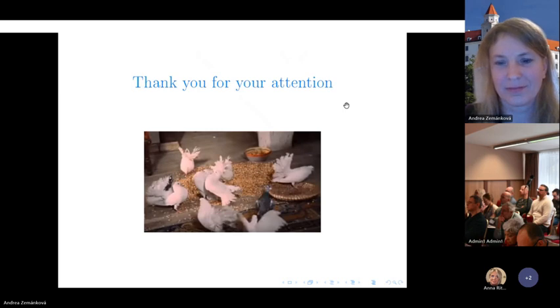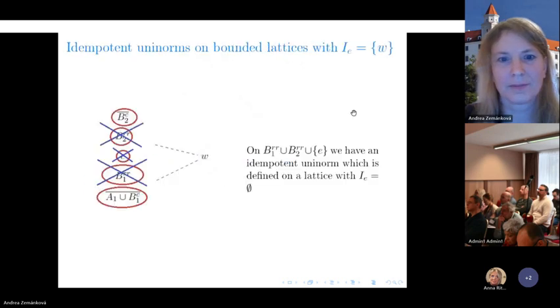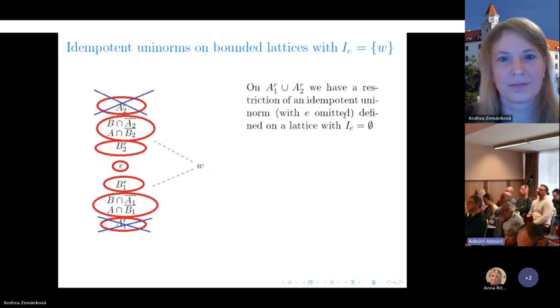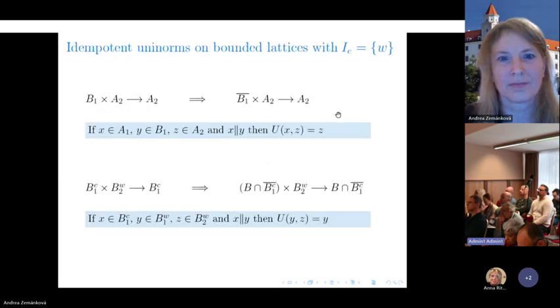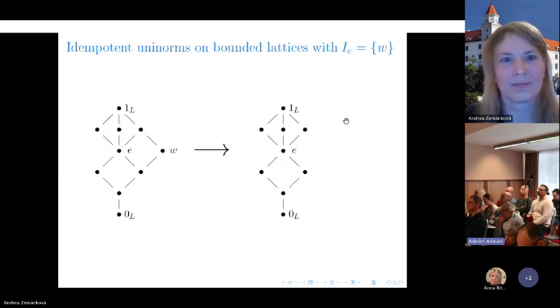If we have neutral element and the element W, there are two non-comparable elements. And for these two non-comparable elements, we can take the next elements, W1, W2, and we can obtain the diamond lattice for these elements.